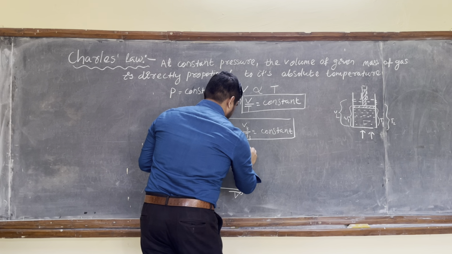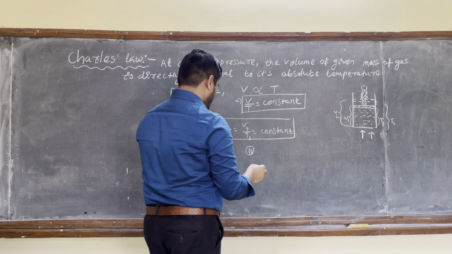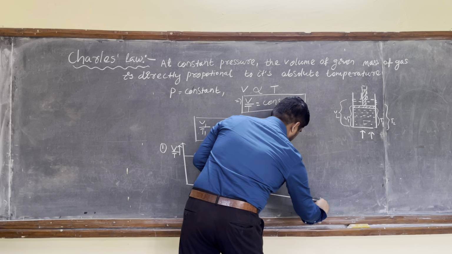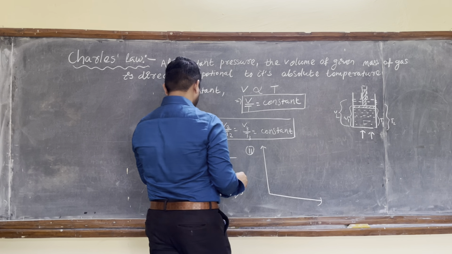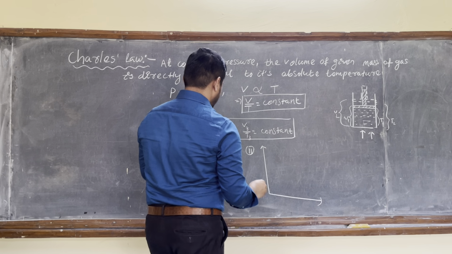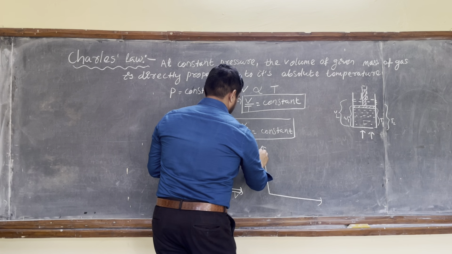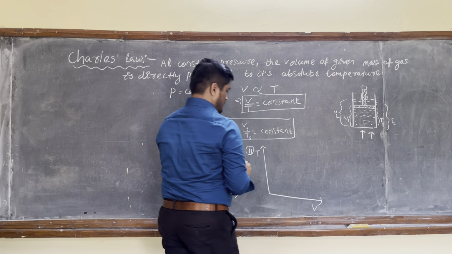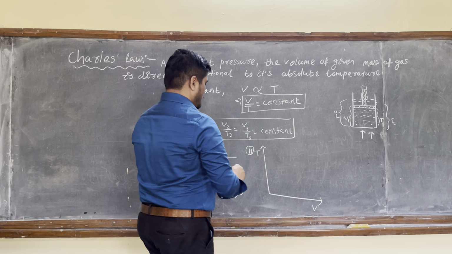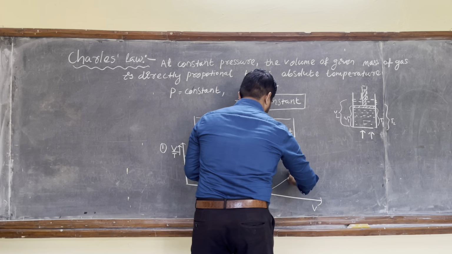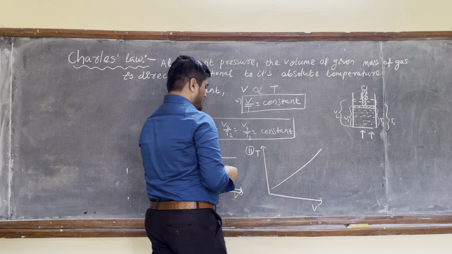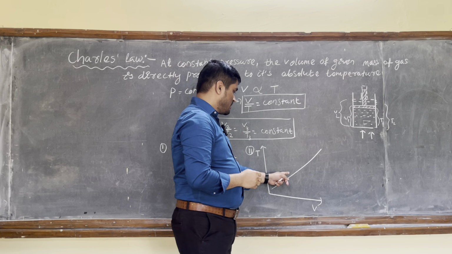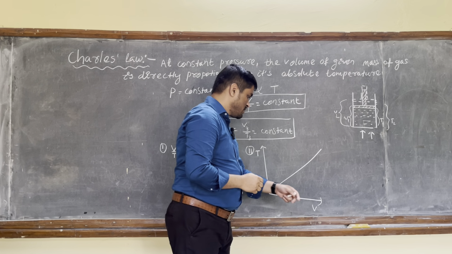Second graph, temperature versus volume, and it will be a sloping line. That means the temperature varies linearly with volume.